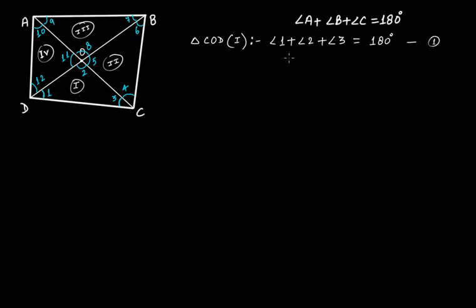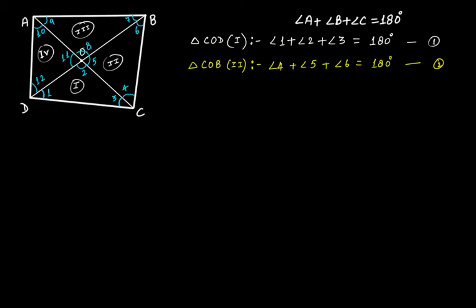Then in triangle COB, that is triangle 2, angle 4 plus angle 5 plus angle 6 is equal to 180 degrees. Let's name it equation 2.